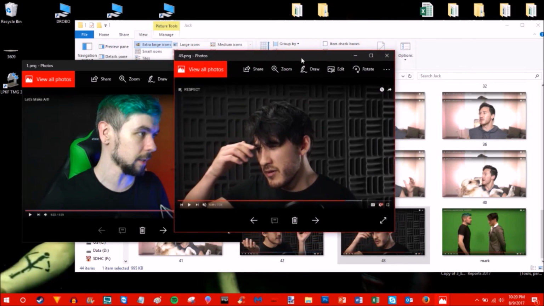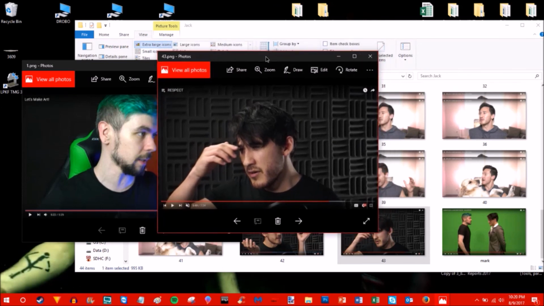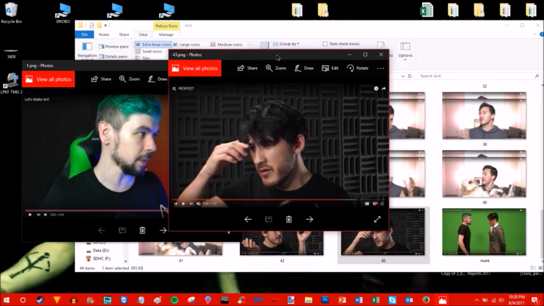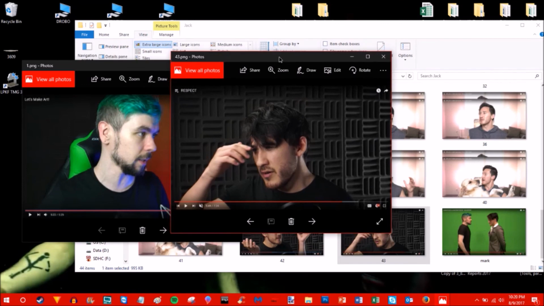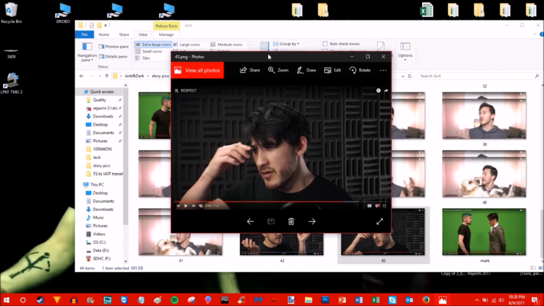I will sit there for an hour, 2 hours, and go through these, doing exactly this, seeing if they would work. Now see these two pictures, they would not line up well together. Even if I tilted Mark's entire body off to the right a bit, they just wouldn't mesh well together.